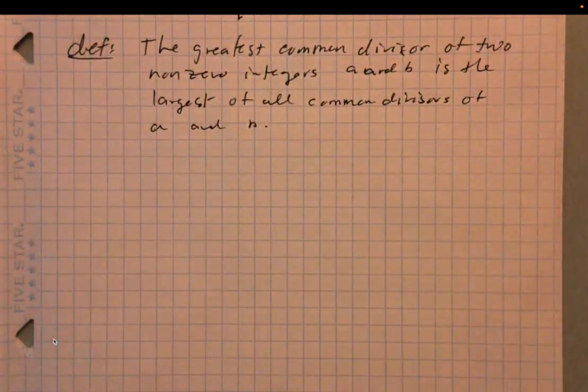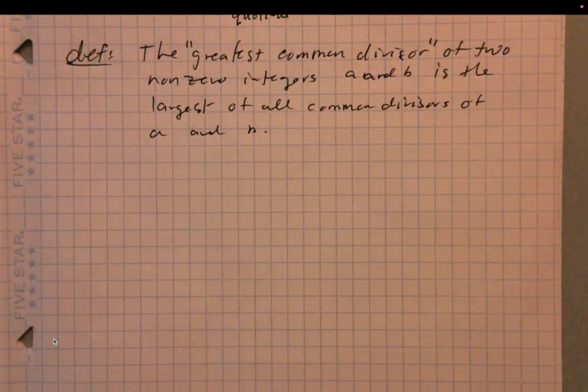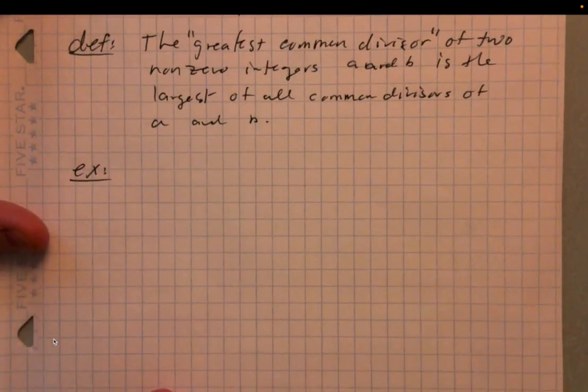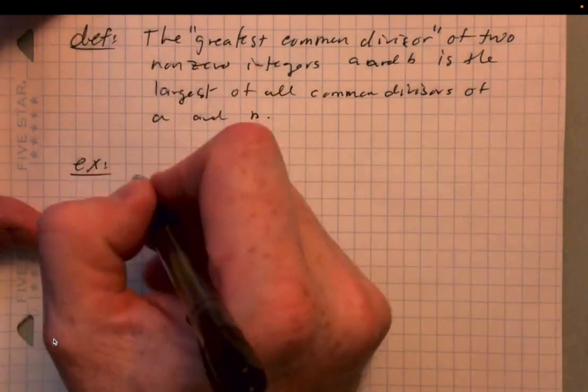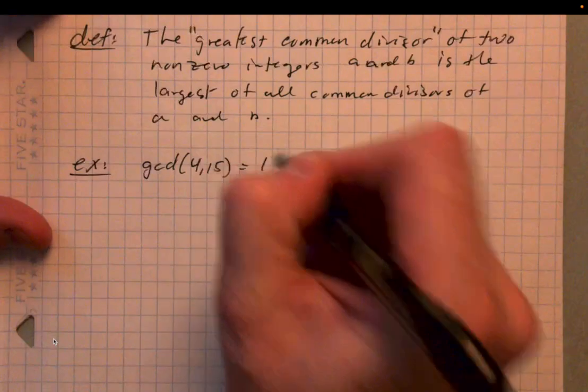Obviously people will have heard of the greatest common divisor. The greatest common divisor of two non-zero integers a and b is the largest of all the common divisors of a and b. Okay. So just to level set here, the greatest common divisor of 4 and 15 is 1.